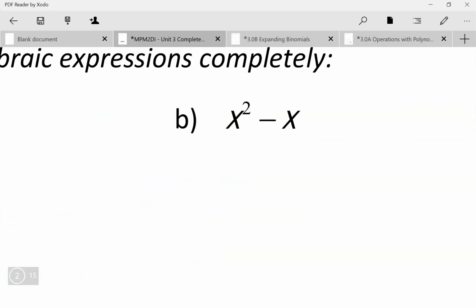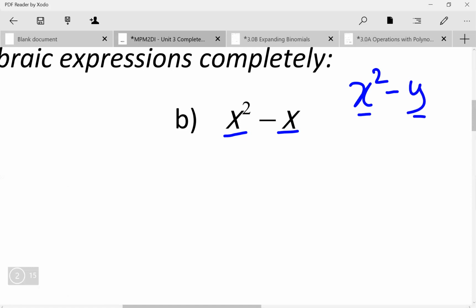So again, some more factoring practice. How do we factor variables? The variables can be factored by the same letter, the same kind of variable. So if you have something like x squared minus y, there's nothing in common here. But we'll see here that x squared is basically x times itself, and x is just 1x.